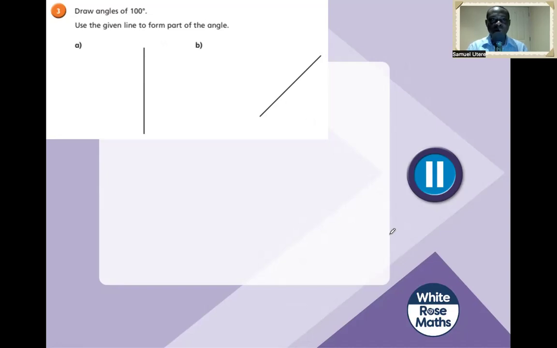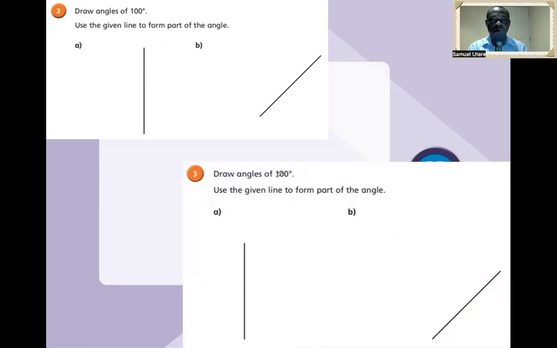Assuming you've paused the video and you've answered question 3, here are the answers. So here you were asked, draw angles of 100 degrees, use the given line to form part of the angle. So if we were going to draw this, I'm going to use this one. You could position the crosshair of your protractor here, making sure it lines up with 0.